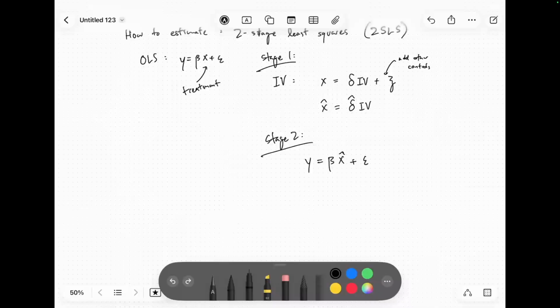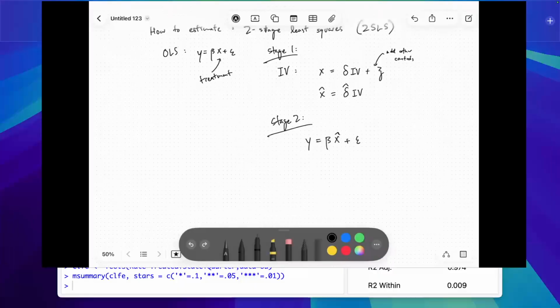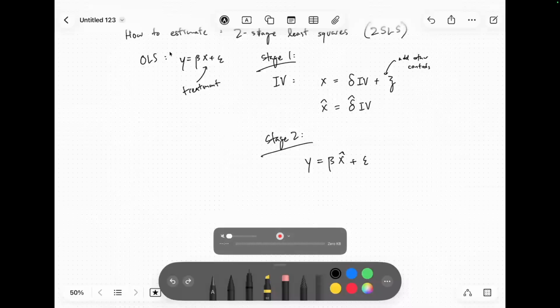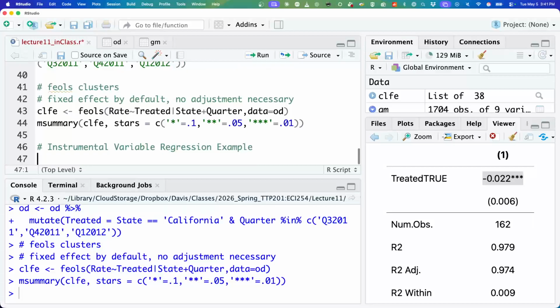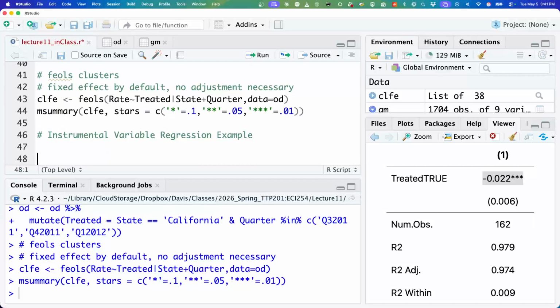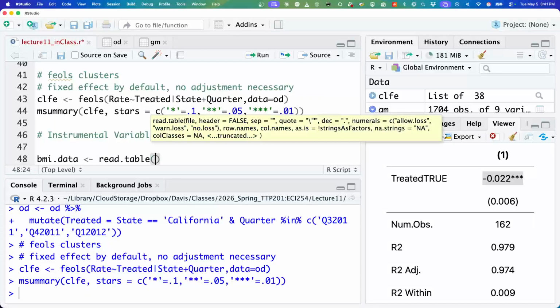Okay, so you'll find a file called ps6.txt in lecture 11 files on Canvas, and that's going to contain the data that we need for this particular example. So this is our cigarette instrumental variable regression example. We have this BMI data called ps6.txt.